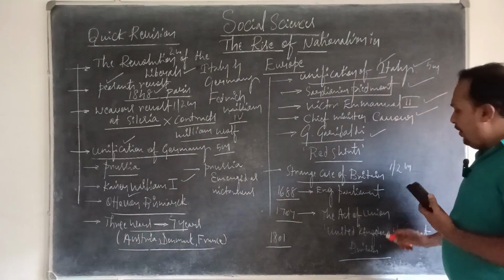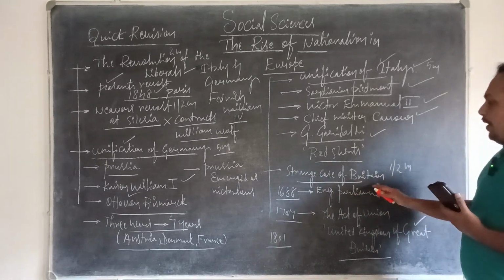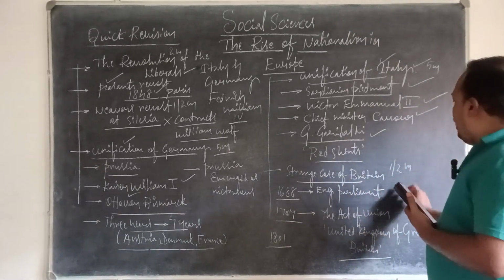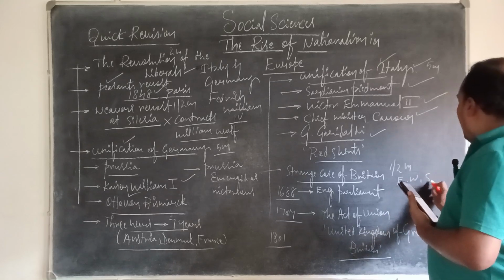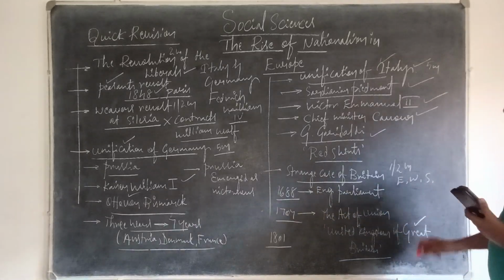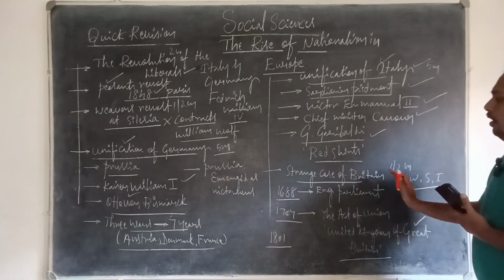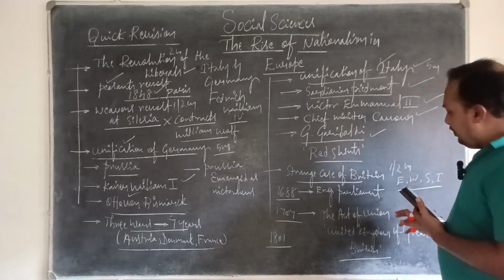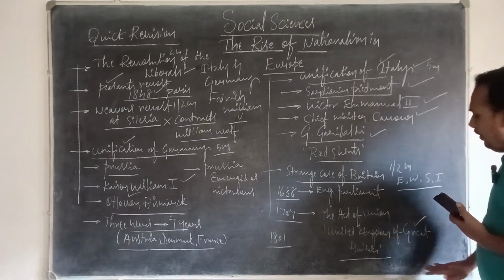Complete formation of the United Kingdom of Britain. So four ethnic groups are very important. Let me mention them: English, Welsh, Scottish, and Irish. These four ethnic groups were completely added in the United Kingdom of Great Britain.